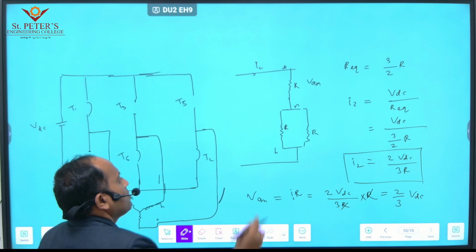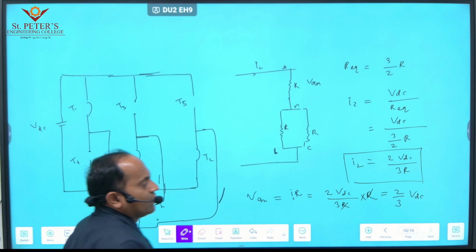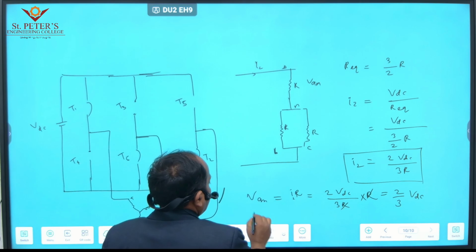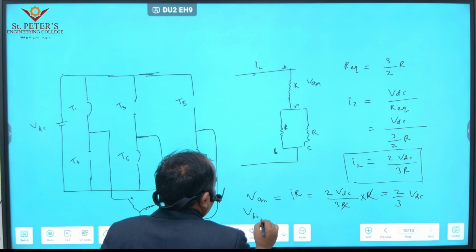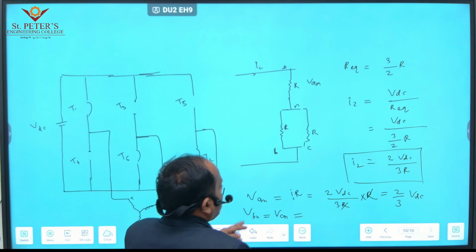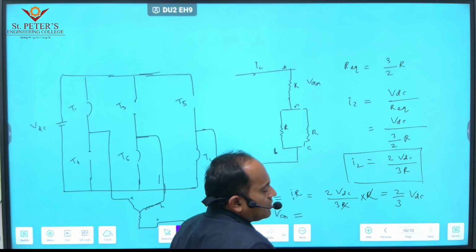Okay, then what about the remaining two resistors? This is the B phase and this is the C phase. B phase and C phase are connected in parallel, so they get the same value. Then VBN and VCN are the same voltage, and the current is also equally divided between those two phases.